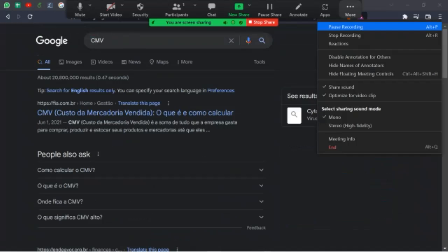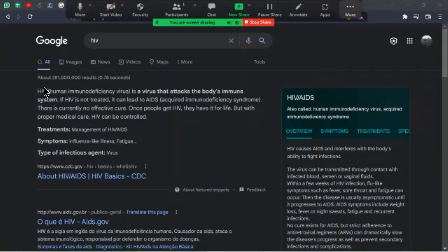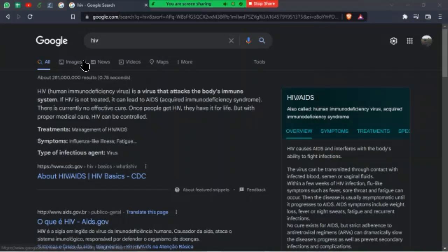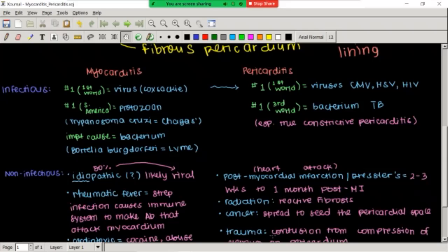So the CMV, cyto comes from cell, cytomegalovirus, the herpes simplex virus, which is HSV, and the HIV, which is the human immunodeficiency virus. Okay. On the third world would be the tuberculosis bacterium.